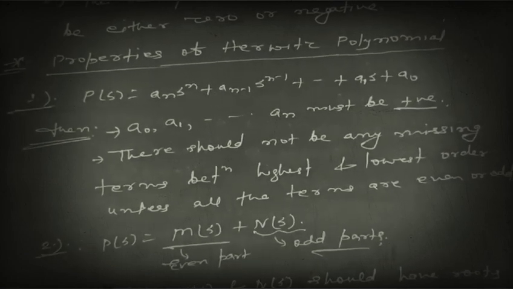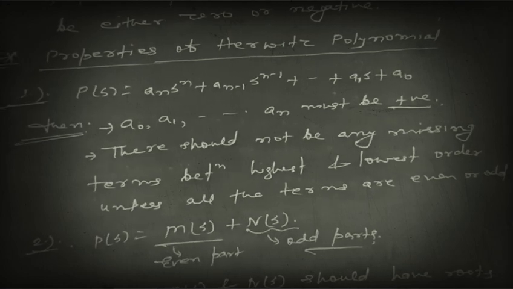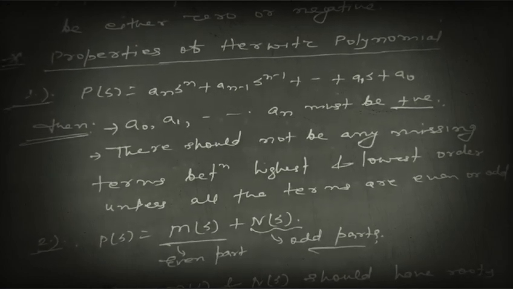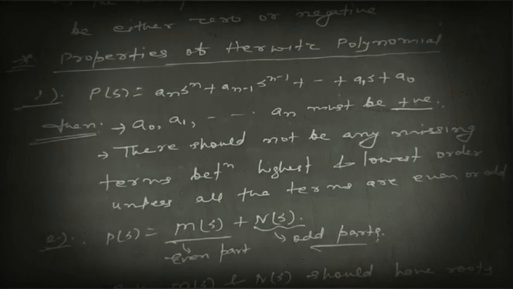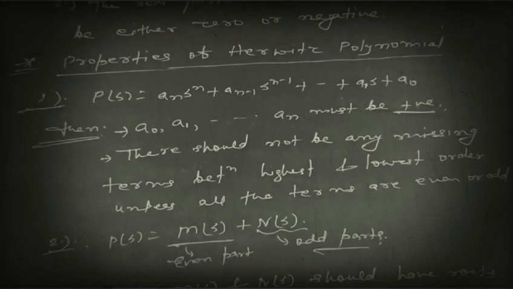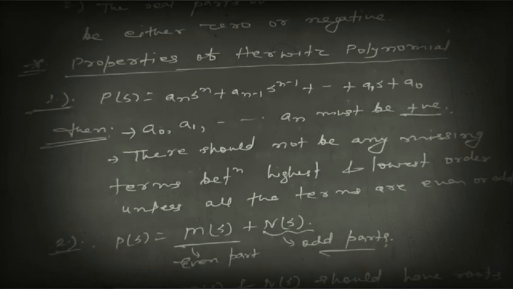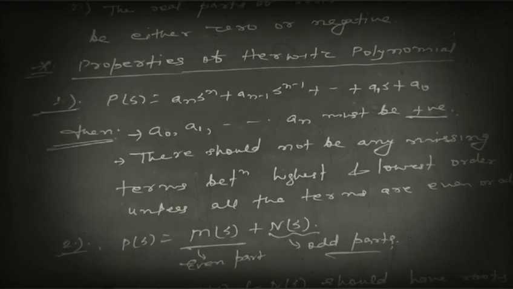The line is saying unless all the terms are even or odd. So what does that mean? Suppose s to the power 6 plus s to the power 4 plus 3s squared plus s to the power 0. Here we see that all the terms are even. So if all the terms are even, then it is okay.